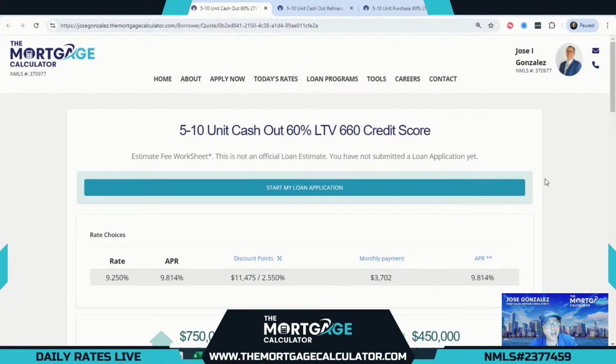We're looking at 9.25 rate at a cost of 2.55 points. So very good options, as you saw, all the way from our low credit score option to our preferred credit tier option. And definitely a great alternative to your traditional commercial conduits.